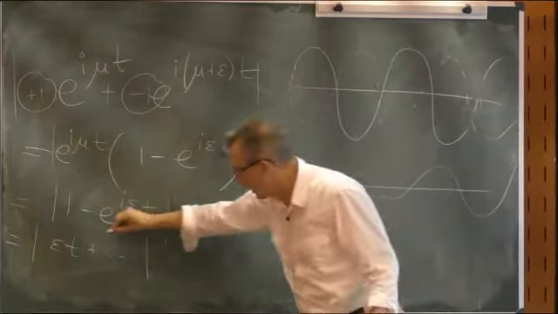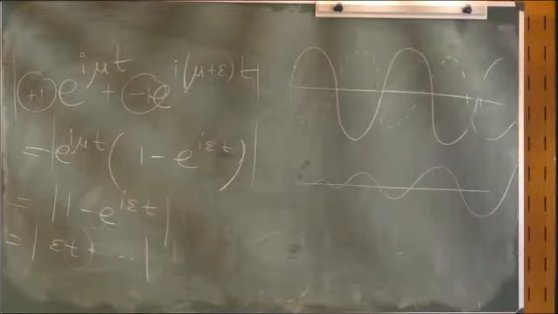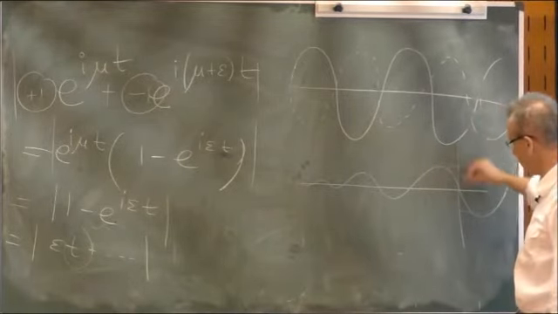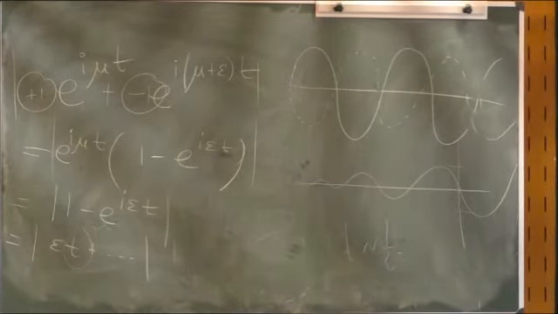How long will I need, by observing this kind of phenomenon, to realize that something of size 2 is in there? Well, I will need a time of the order of 1 over epsilon, right? So the time I need in order to see the emergence in the amplitude of this signal of something of unit size is of the order of 1 over epsilon. So the closer the two frequencies are, the smaller the gap, the longer I need to wait, right?